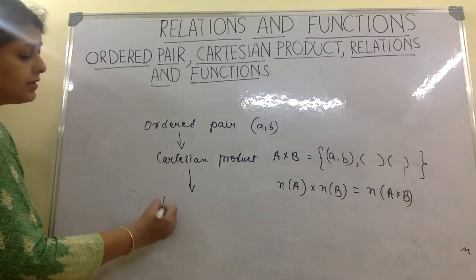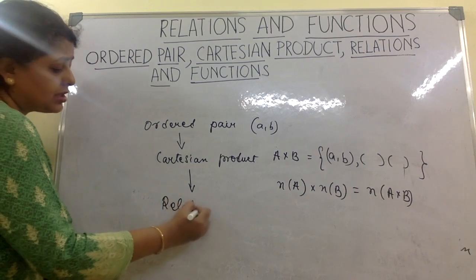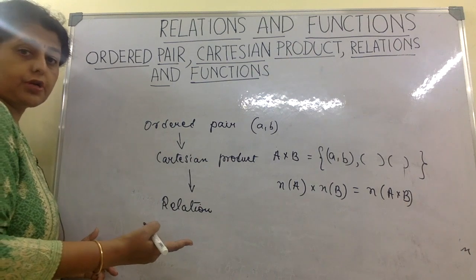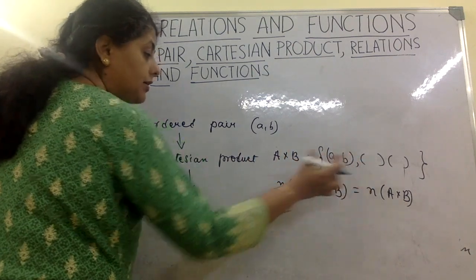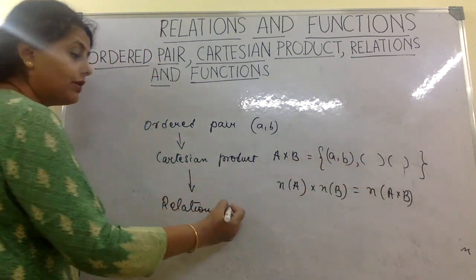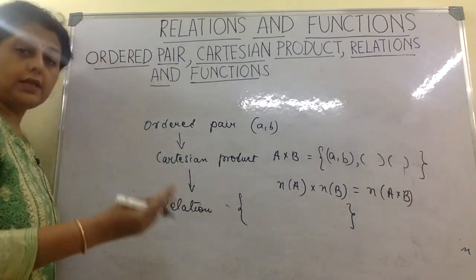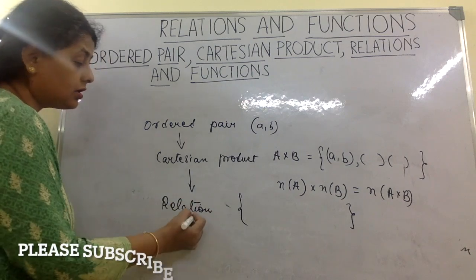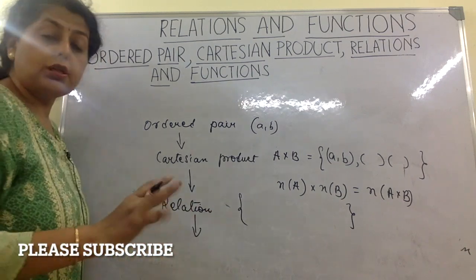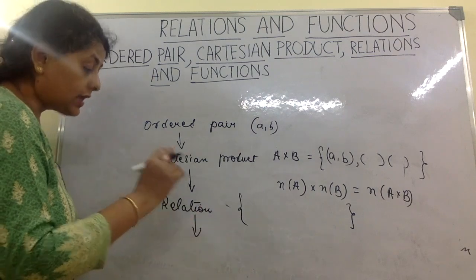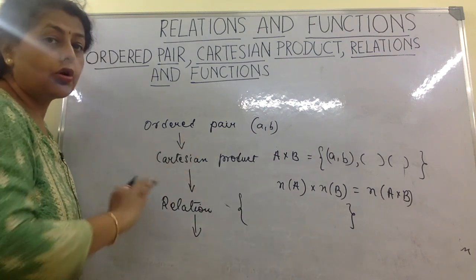So a relation is actually a subset of a Cartesian product. A few elements will come under that condition, and we get another set which will be called a relation. Now the relation further gets classified as a function or not a function.